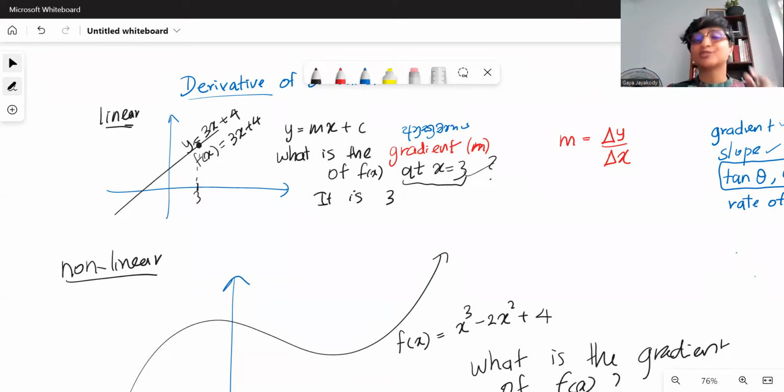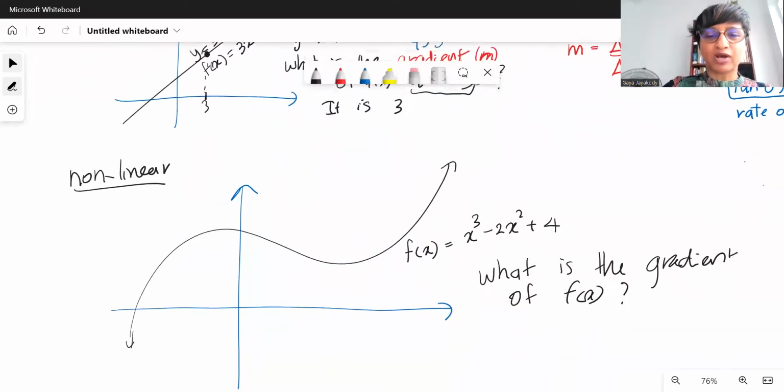I'm pointing to a point on the graph. Here, what is the slope? Would that also make sense for a linear function? Yeah, it would, because everywhere it's the same.